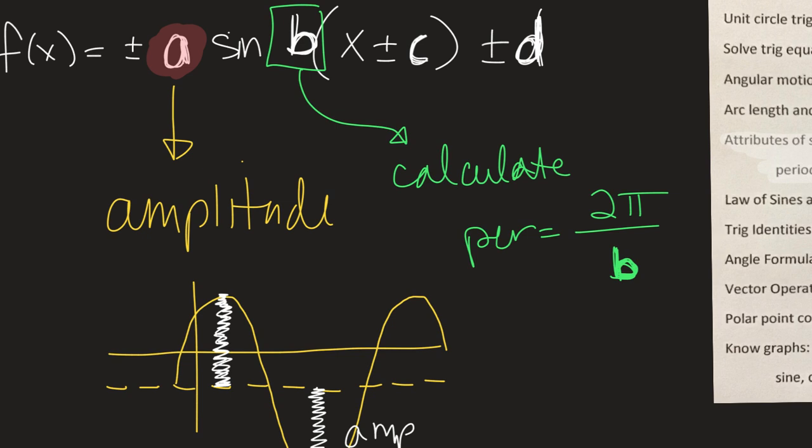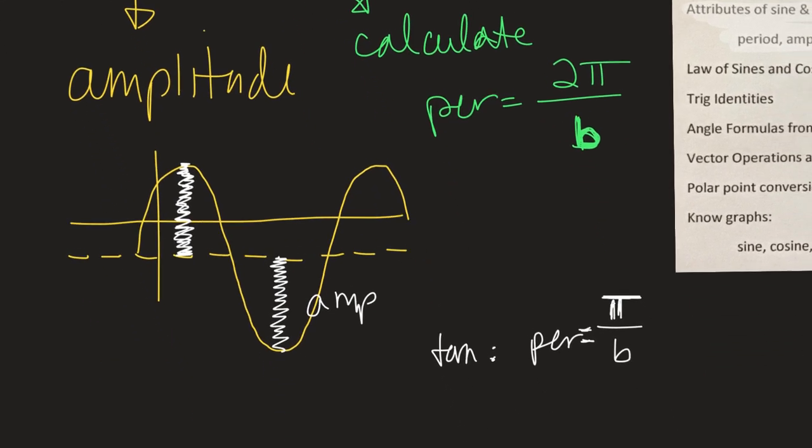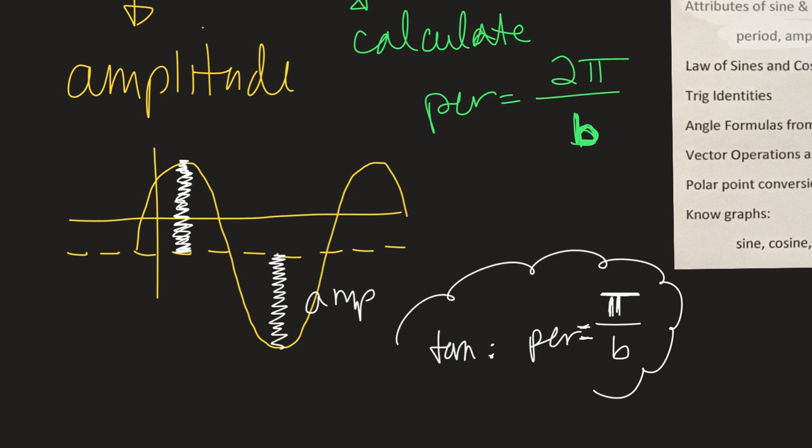That's for sine and cosine. For tangent, your period is only pi divided by b. Tangent and cotangent are different. Secant, cosecant, sine and cosine are all 2 pi, but tan and cotan are only pi divided by b. So tan is different than sine and cosine.